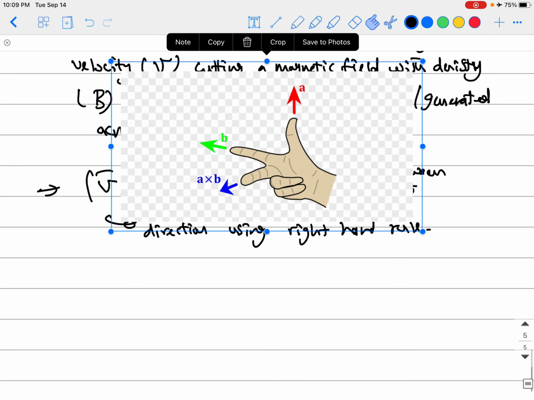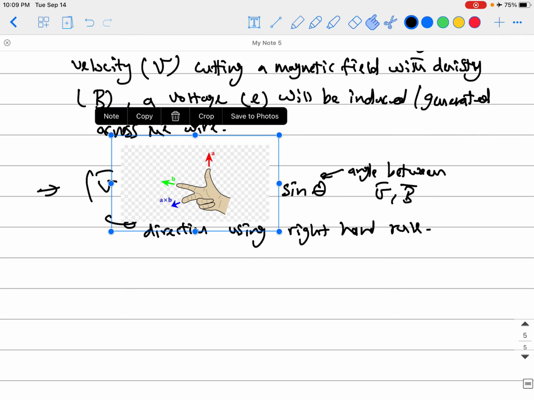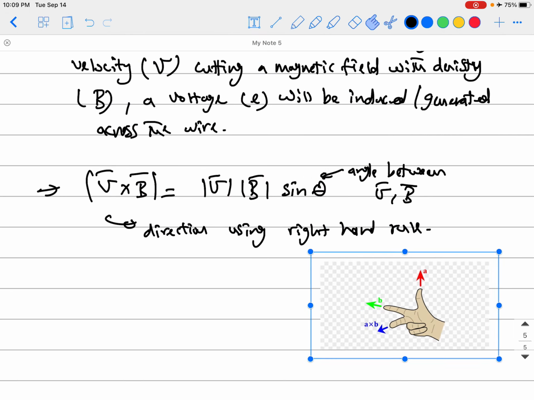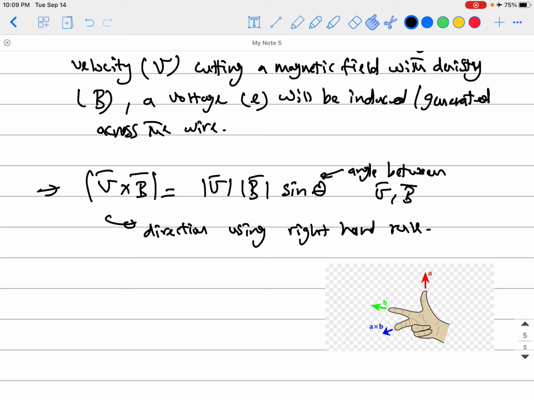Anyway, it will be something like this. You have three fingers of your right hand: the thumb, the index, and the middle finger. They are all perpendicular to each other, like you see in this photo.